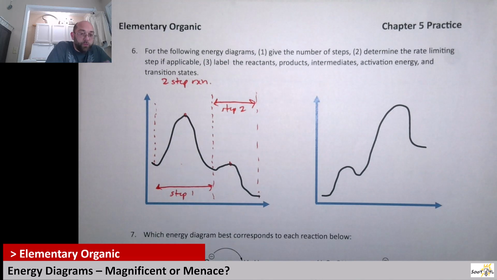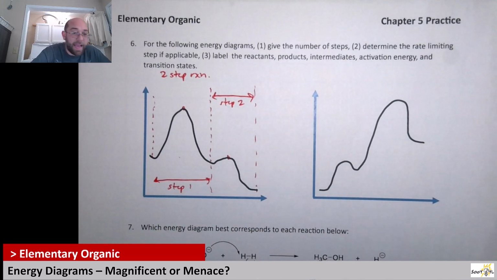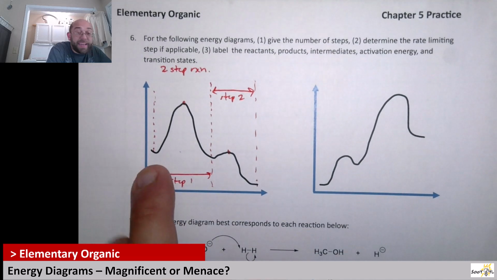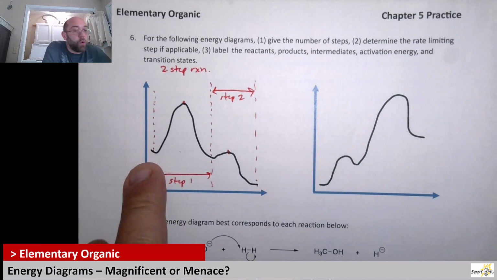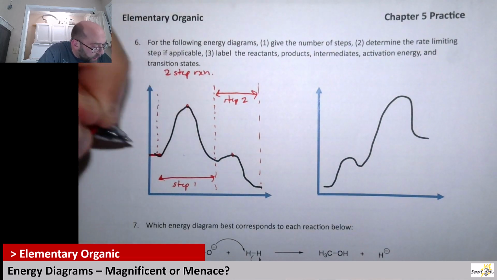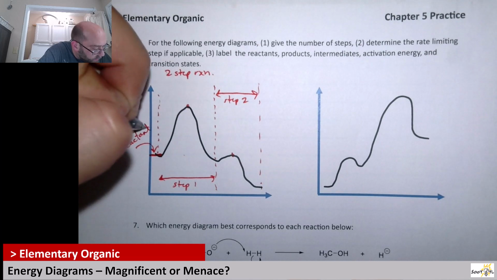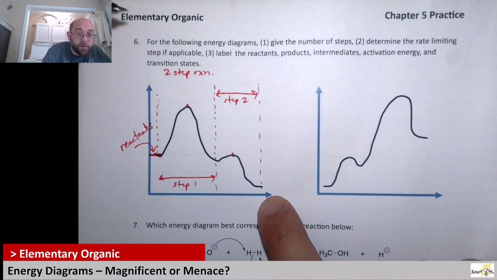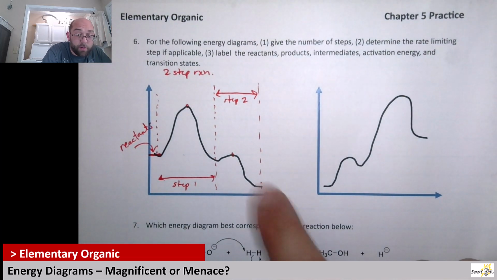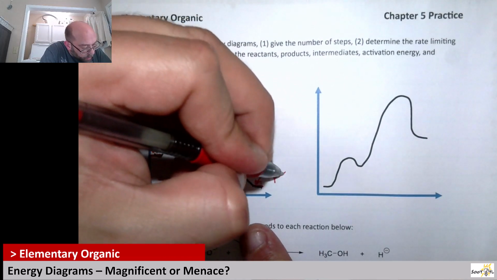Reading from left to right, the leftmost side is always the beginning of the reaction. And what's in the beginning of a reaction? Reactants. So this area right here is where we would find our reactants. And then the very end of however many steps there are, this area right here, relates to the products.